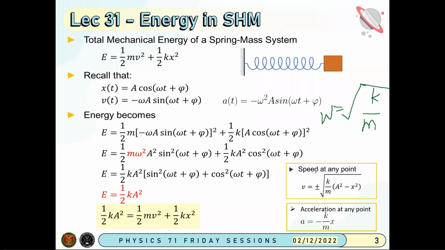Now, to get the speed at any point, ito na yung equation niya. So v of x, right? So v of x lang yan kasi along x lang yung motion natin, right? It's just the positive or the negative root of square root of k over m times A squared minus x squared.